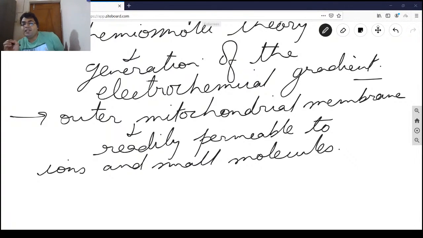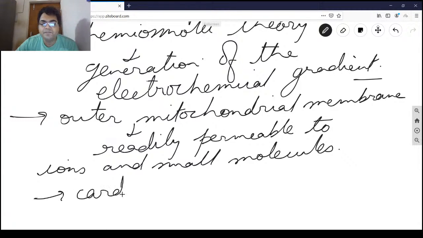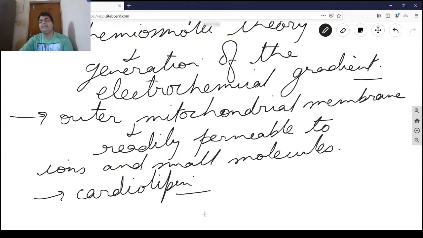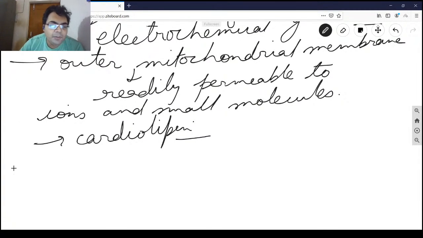Also, the inner mitochondrial membrane contains a specific lipid known as cardiolipin, which demarcates the inner mitochondrial membrane from the plasma membrane of any other normal cell type. So the inner mitochondrial membrane is very selective.